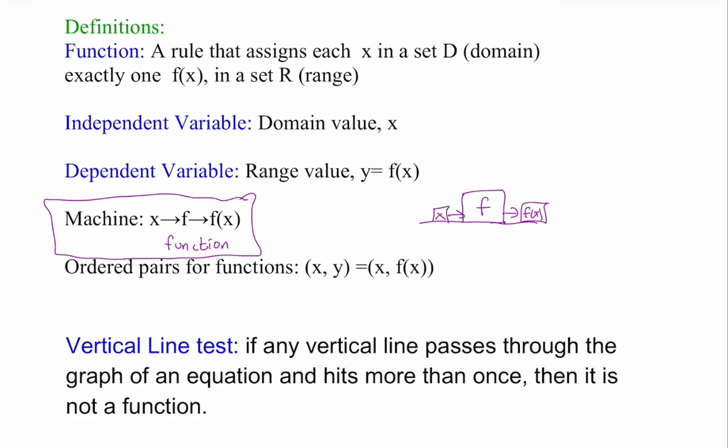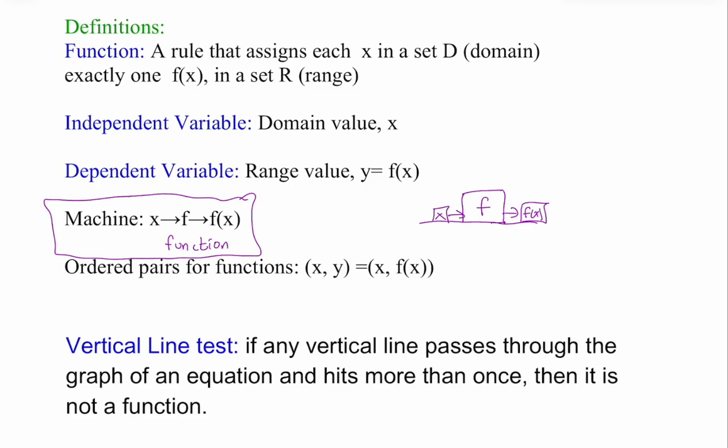And graphically is probably the easiest way to tell something is a function or not, because you can use the vertical line test. Because 1 x is assigned to exactly one f of x, the vertical line will detect any that are paired up incorrectly. So the vertical line test is very helpful. So if any vertical line passes through the graph of an equation and hits it in more than one spot, then it is not a function.